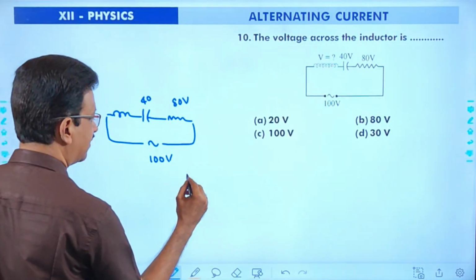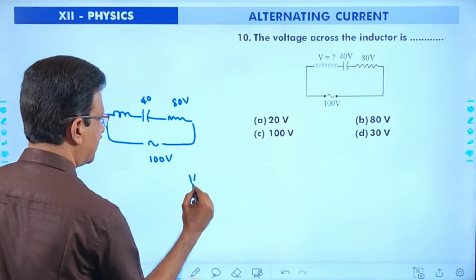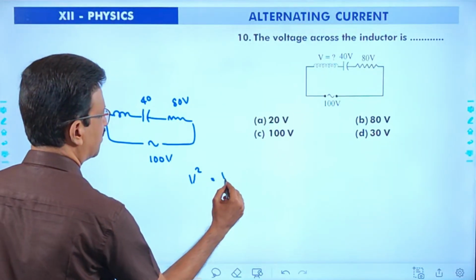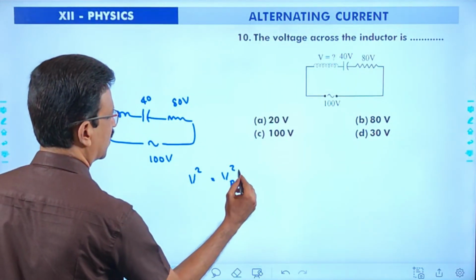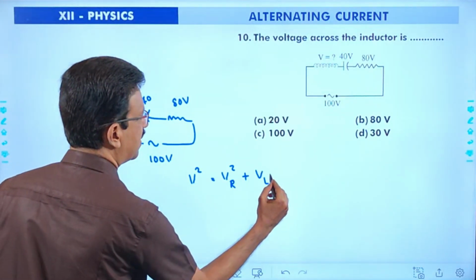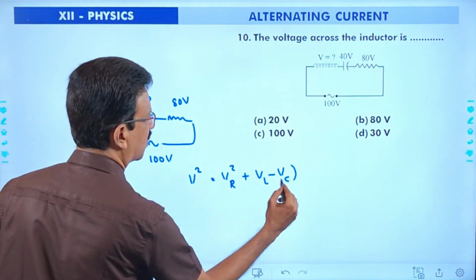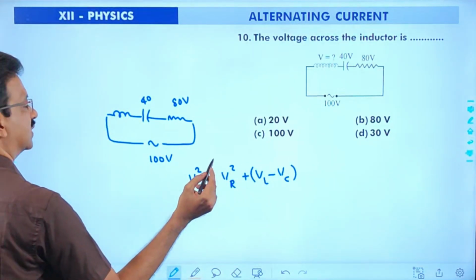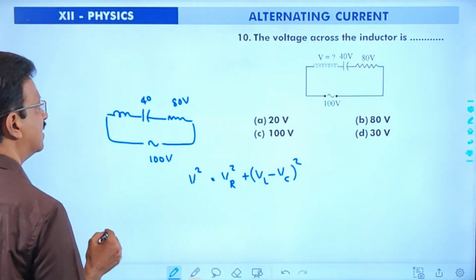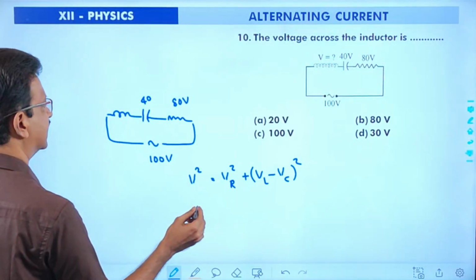From the impedance triangle, we have an expression: supply voltage square equal to the voltage across the resistor square plus (VL minus VC) whole square, voltage across the inductor minus voltage across capacitor. From this expression, everything is given.